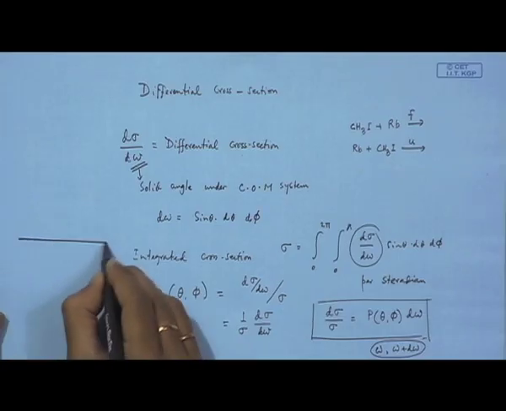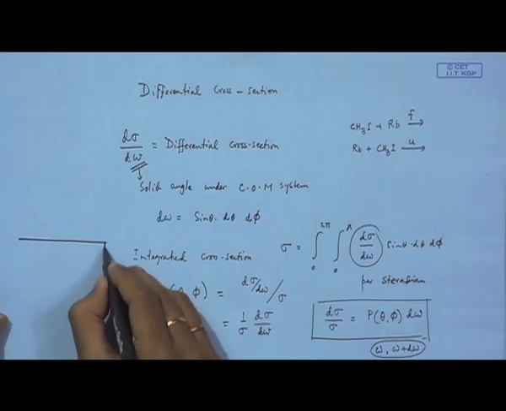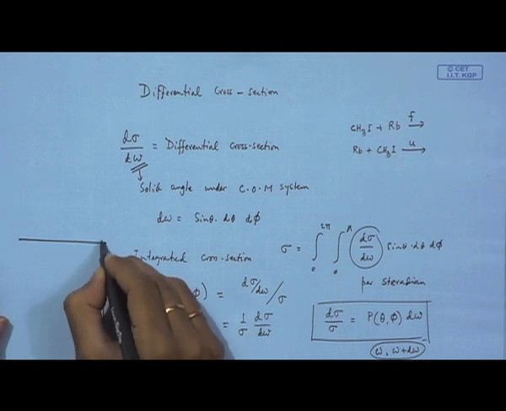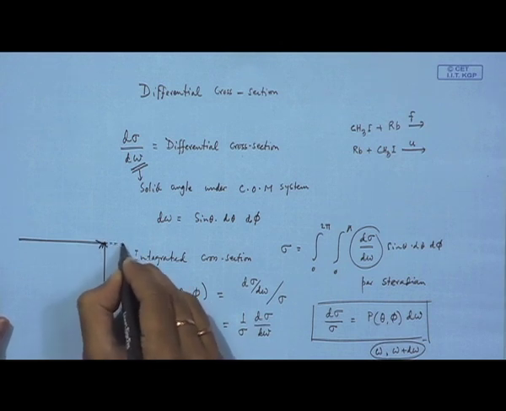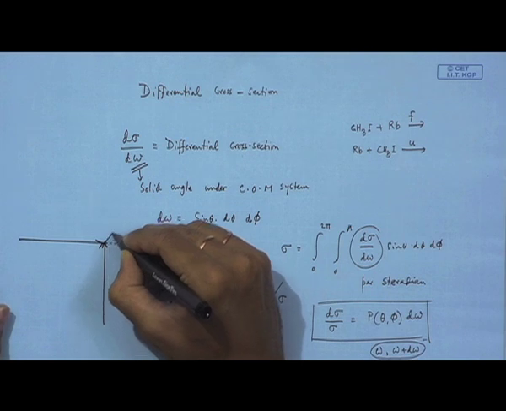And of course, differential cross section and angular distribution, if reactants are not oriented, if you do not orient them in a definitive fashion, then it should not depend on the angle phi. So, angle theta is this, you have got your crossed beam like this. This is your angle theta.